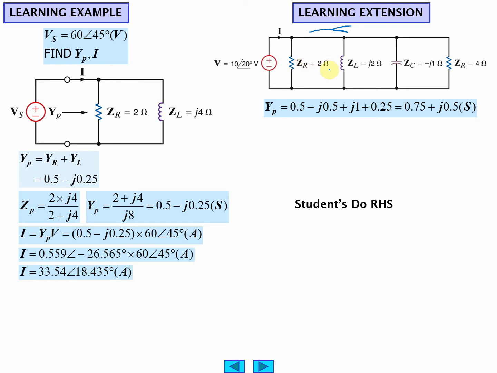We see that the admittance of this guy is a half, and the admittance of this guy is minus a half J Siemens, that is, reciprocal ohms.